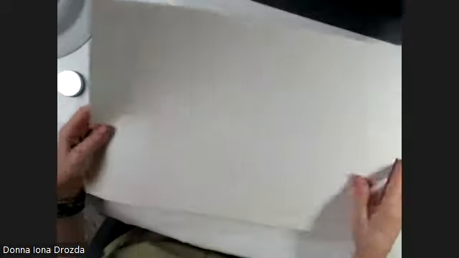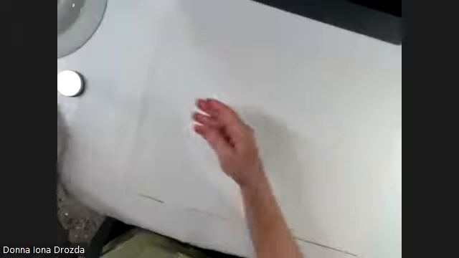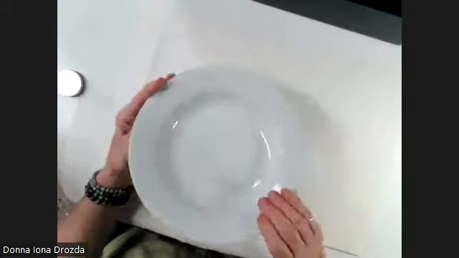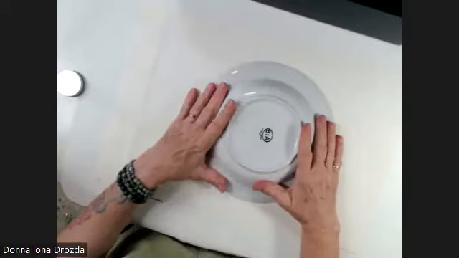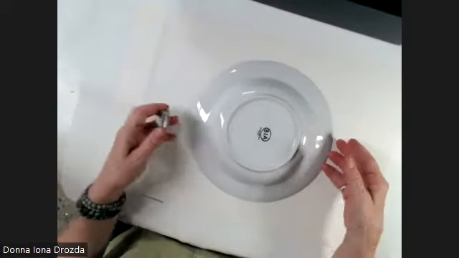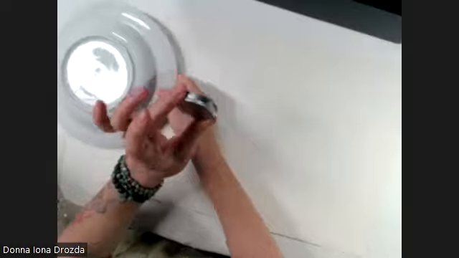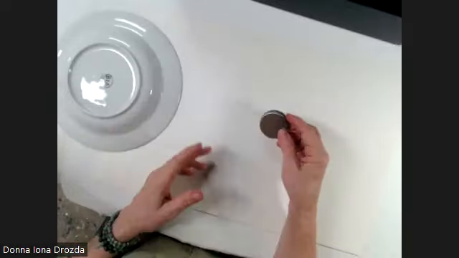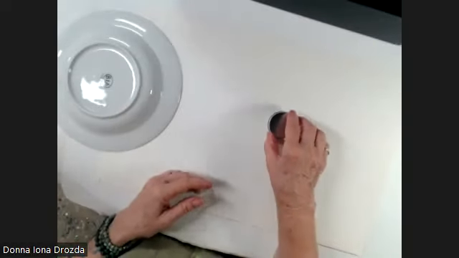Okay, so I've got a plain sheet of paper. It's not too large and it's not too small. And I have a salad plate, just a regular salad plate that's going to act as my template. I also have a cap from a spice jar that's going to be my inner circle.